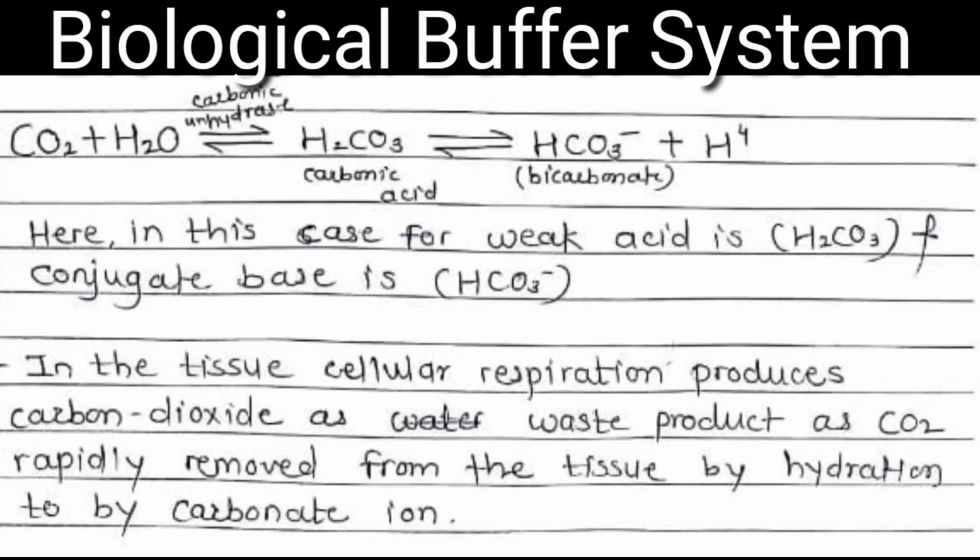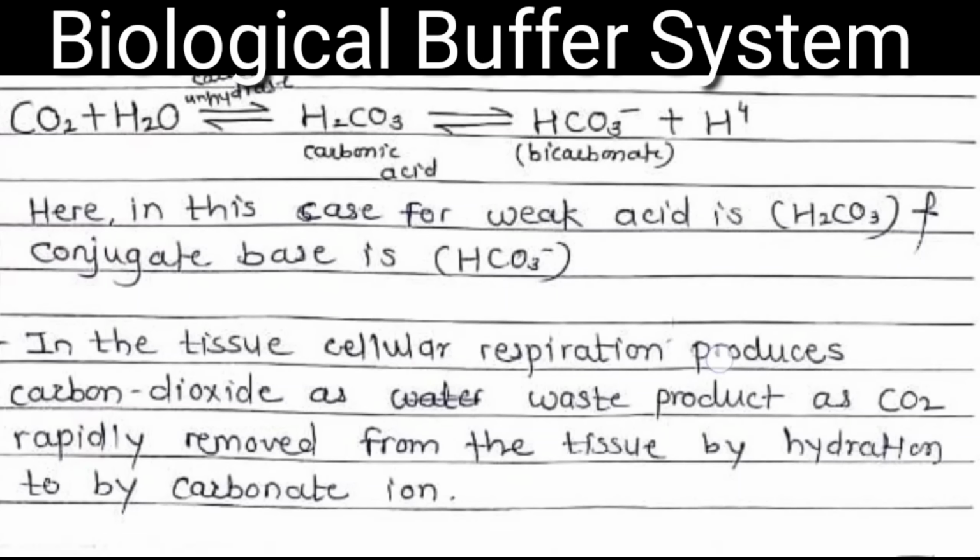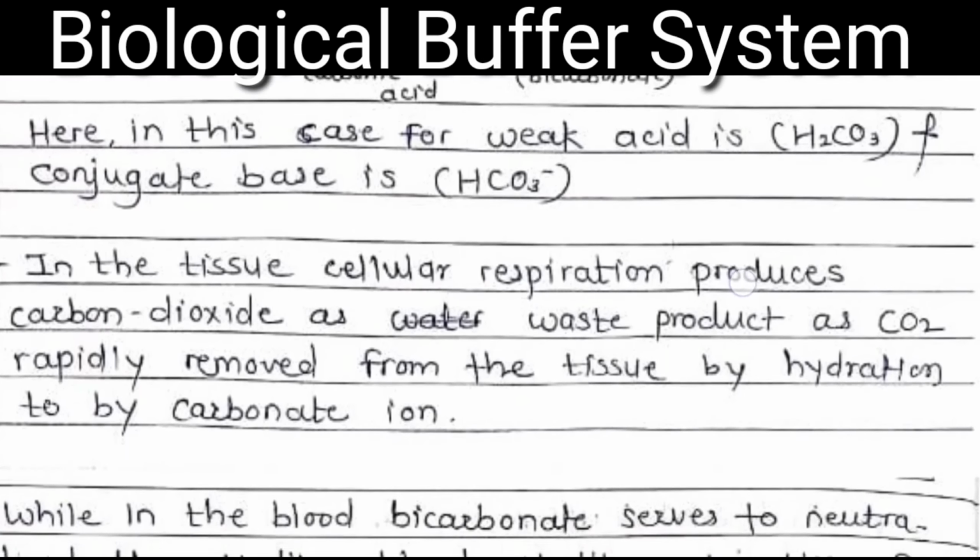Here, the weak acid is H2CO3, whereas the conjugate base is HCO3 minus. I repeat, the weak acid is carbonic acid, whereas the conjugate base is the bicarbonate.